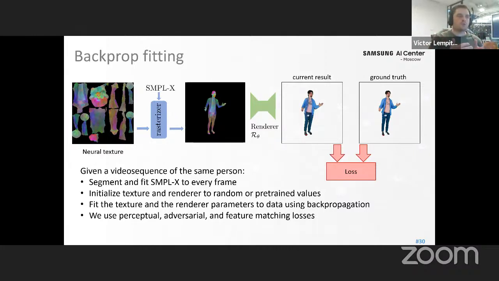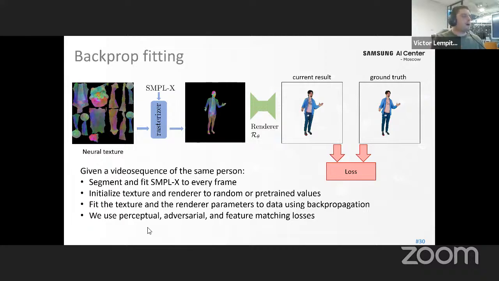We backprop it, and we update the parameters of the renderer, and we update the parameters of the texture. We use standard losses, perceptual, adversarial, feature matching losses, and we can train a model for a single person, or we can train a model for a number of people. Usually you have like 50 people, which share the same renderer network parameters and have individual neural textures.